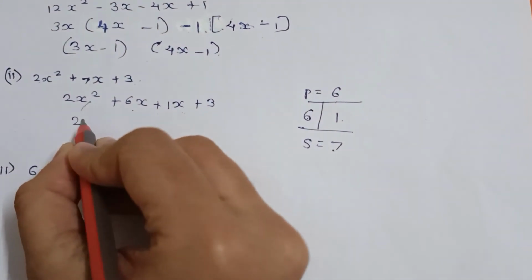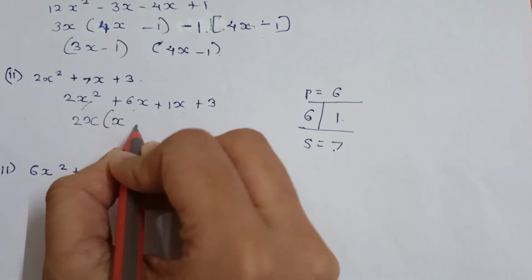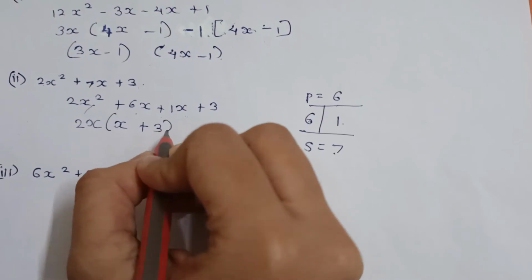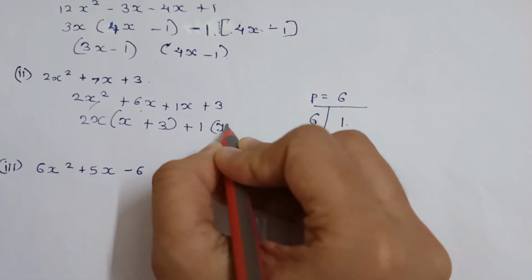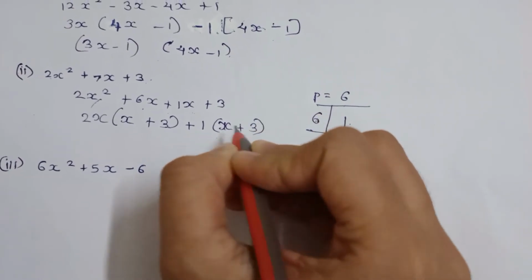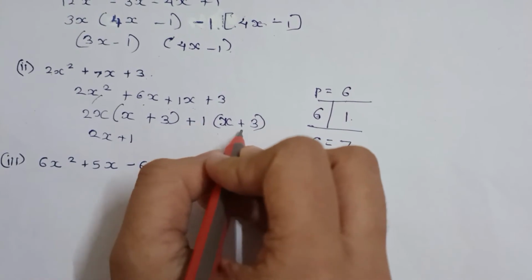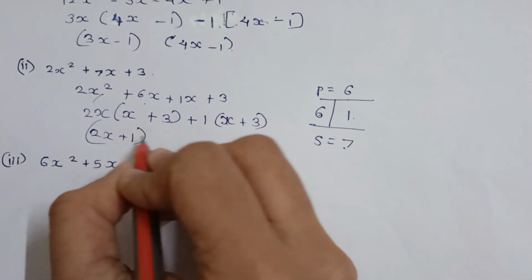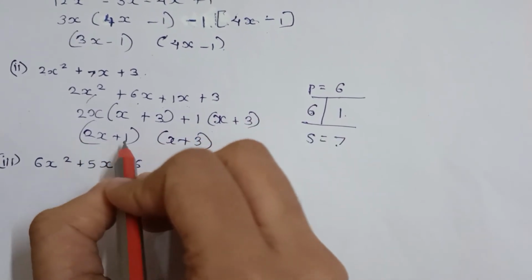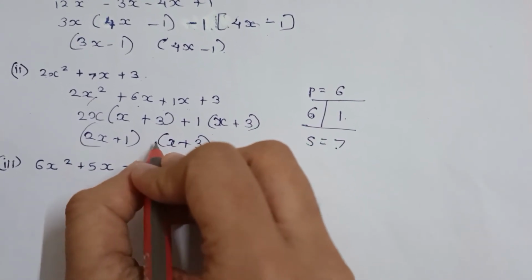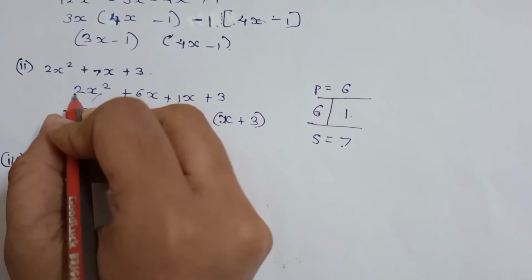The common is 2x, and inside the bracket it will be x plus 3, plus 1 multiplied by x plus 3. So 2x plus 1 and x plus 3; x plus 3 is common, so we will take it only one time. So 2x plus 1 multiplied by x plus 3 is the answer.